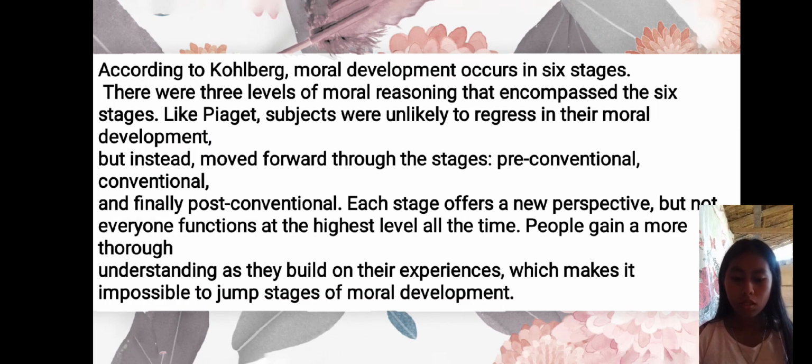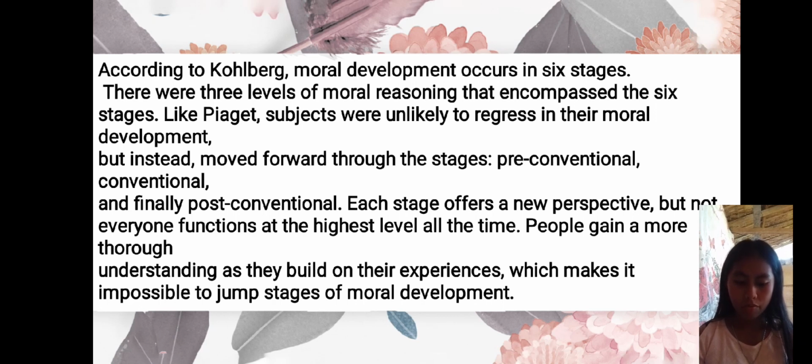According to Kohlberg, moral development occurs in 6 stages. There were 3 levels of moral reasoning that encompass the 6 stages. Like Piaget, subjects were unlikely to regress in their moral development but instead move forward through the stages: pre-conventional, conventional, and finally post-conventional.